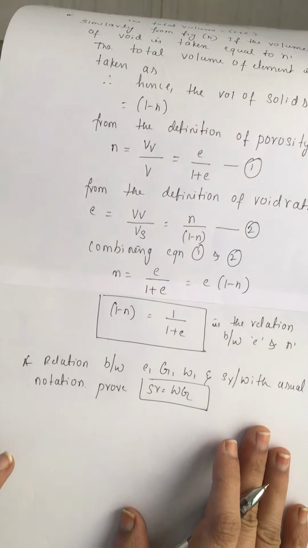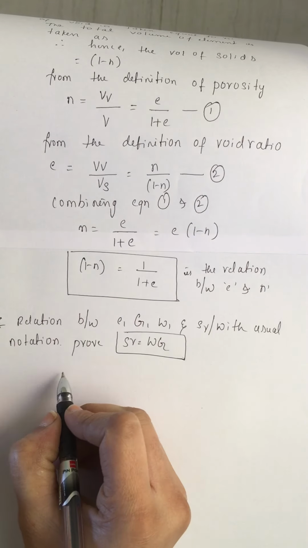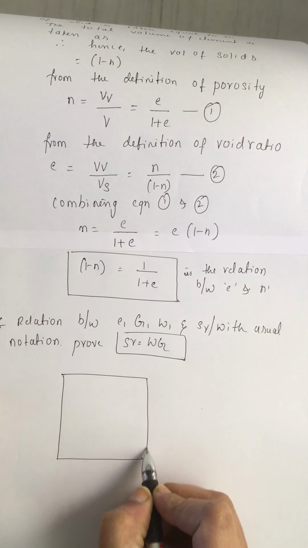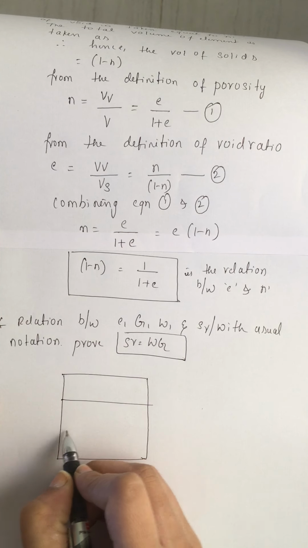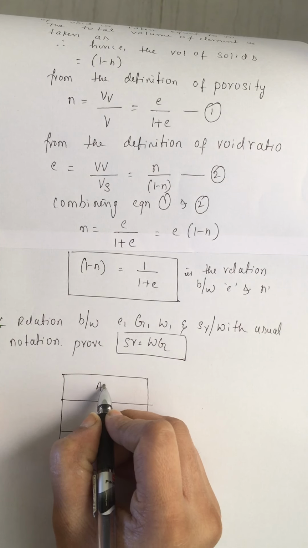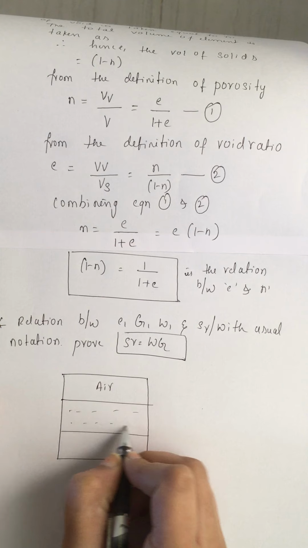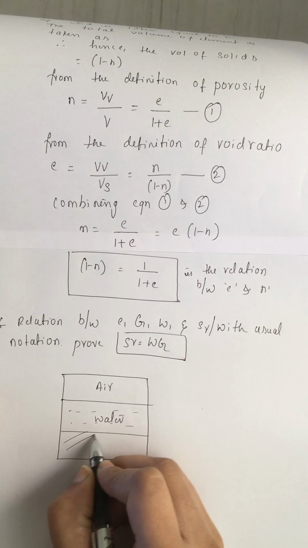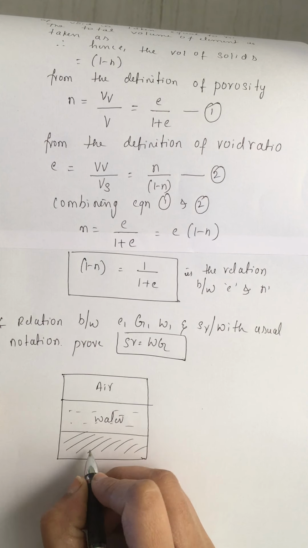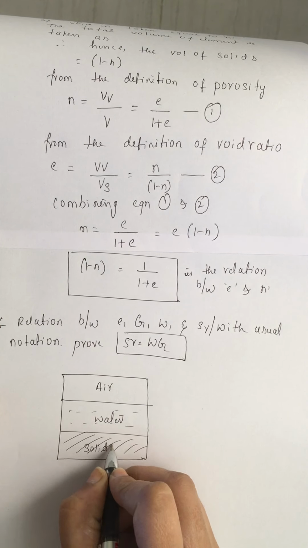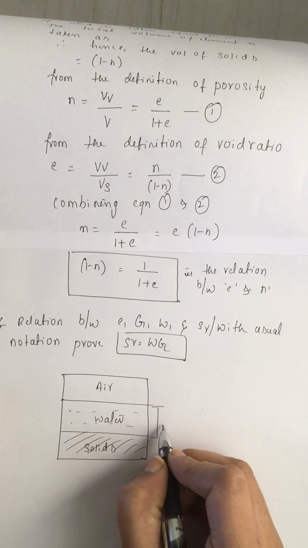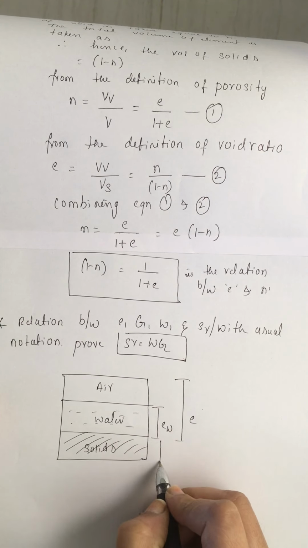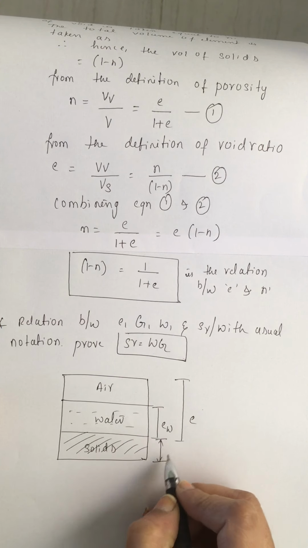So write down the phase diagram, you all know that. Air, water and the last part is solids. ew, e and 1.